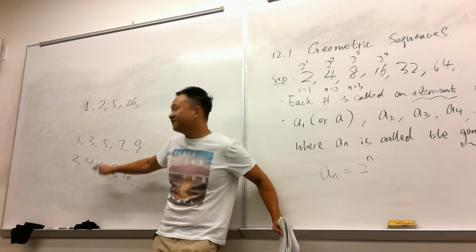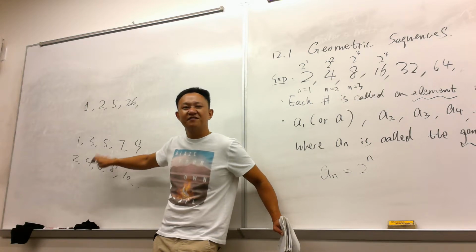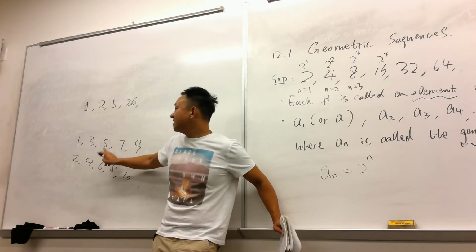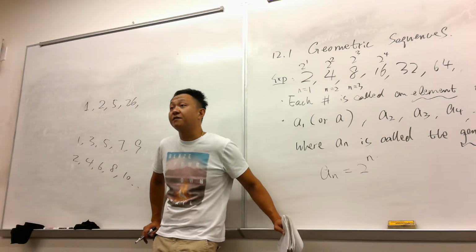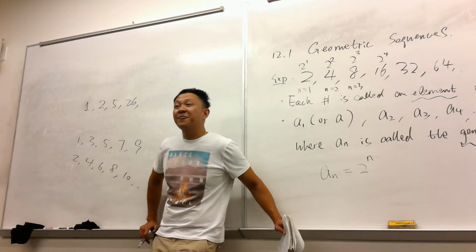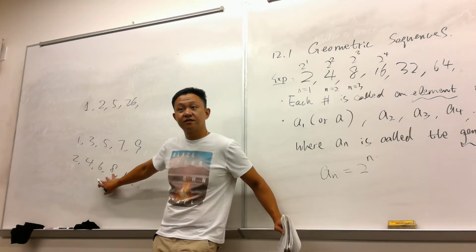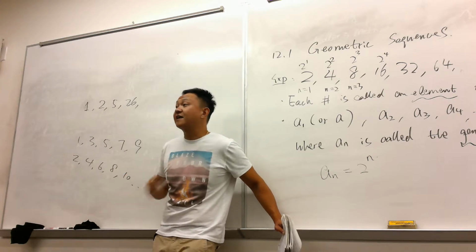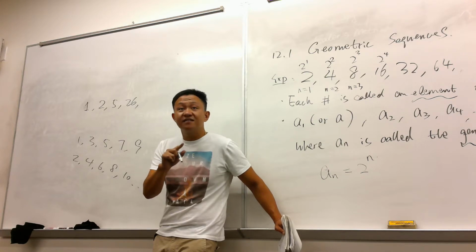You see these two sequences are so similar: all odd numbers, and all even numbers. But these two are both arithmetic sequences, namely you add 2 each time. Is there a common ratio for this sequence? No, also no. This is not a geometric sequence. Again, the common ratio r only makes sense if you have a geometric sequence.